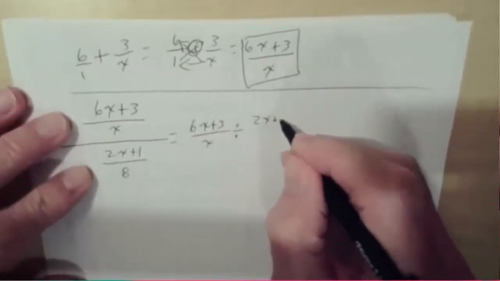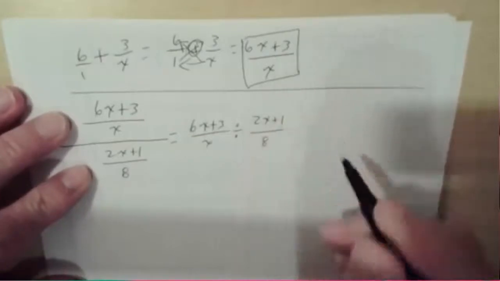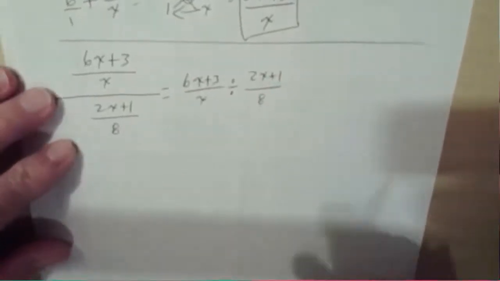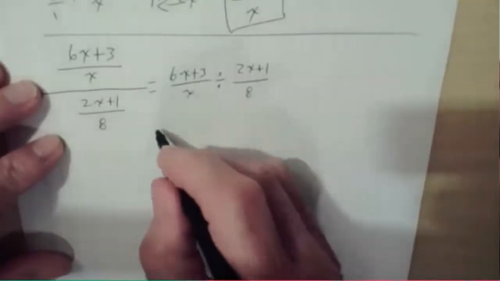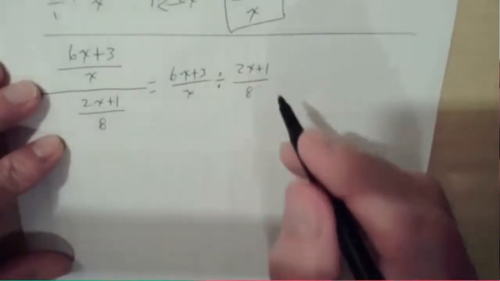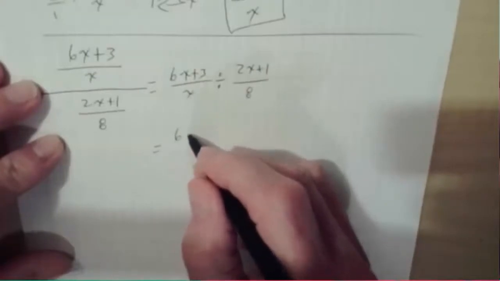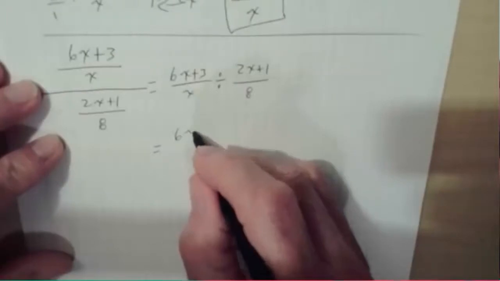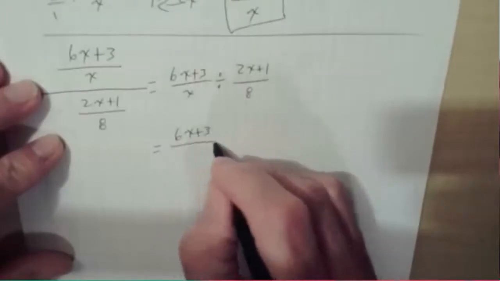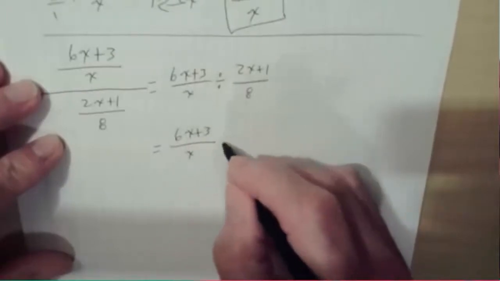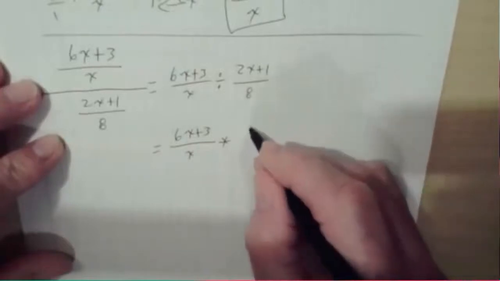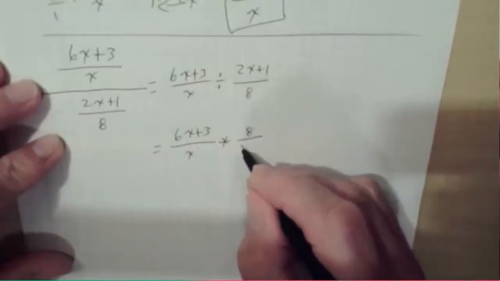And how do we divide fractions? We don't. We multiply by the reciprocal of the divisor. The divisor is the second number. So we get 6x plus 3 over x times 8 over 2x plus 1.